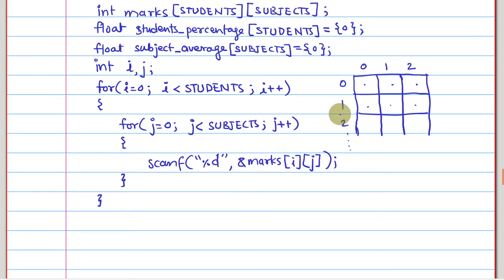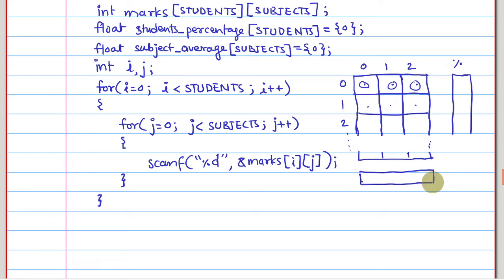But after scanning each of these, see, we have 2 separate arrays. One is for storing the percentage of each student, and another is to store the average of each subject, which has 3 elements, one for each subject.